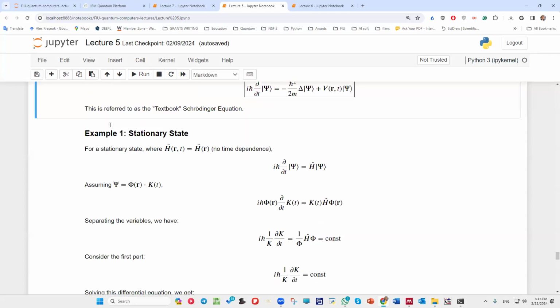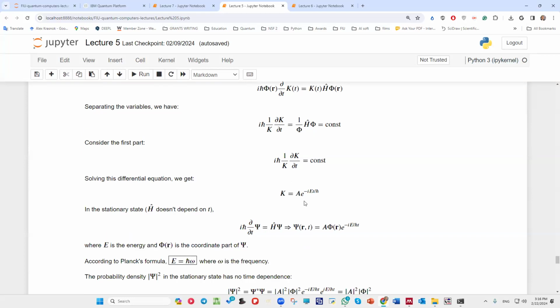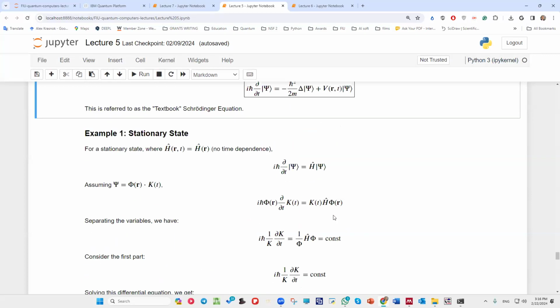One important case is the stationary state, when we just observe the behavior of a quantum system without affecting it. So the system is in the stationary state.